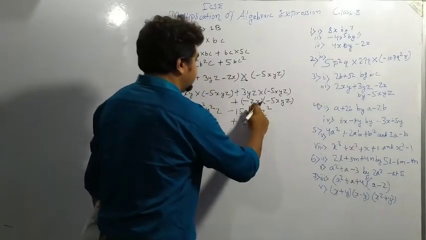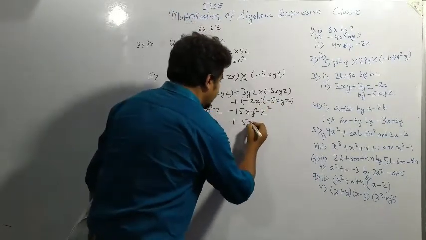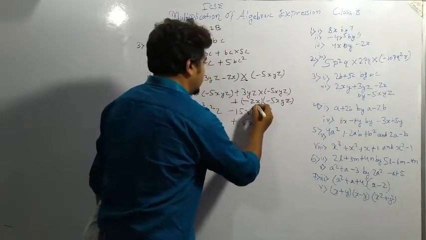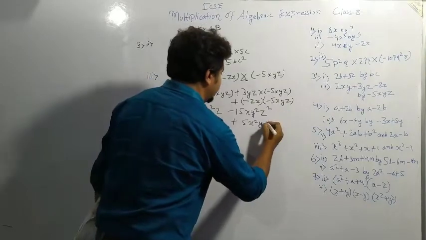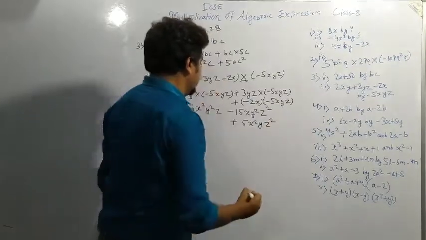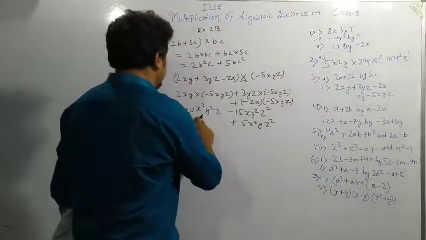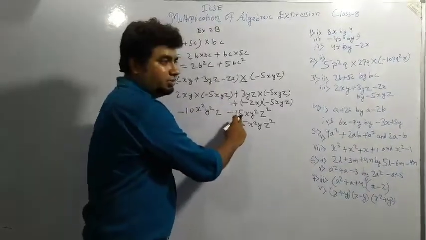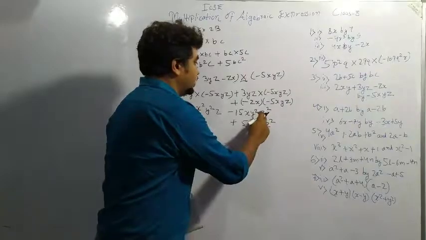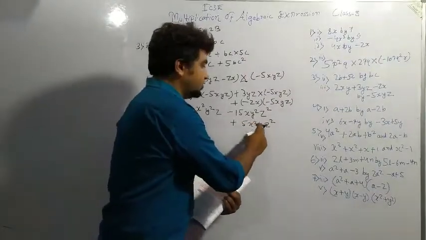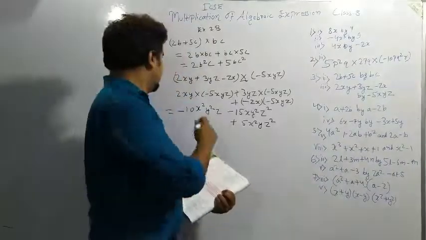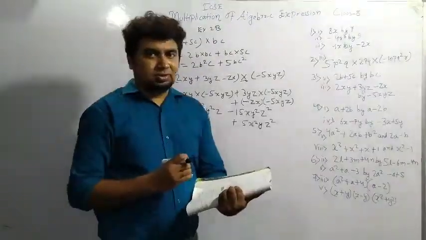Then x into x is x square, then y, then z into z is z square. So these are the three terms: minus 10 x square y square z, then minus 15 x y square z, plus 5 x square y z square. And this is question number 3 bit 3.